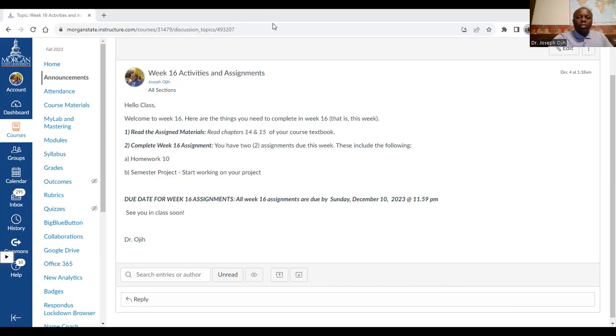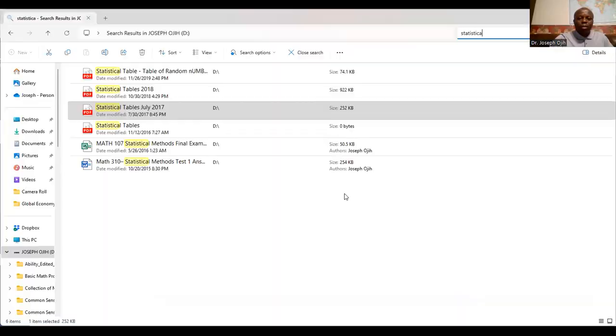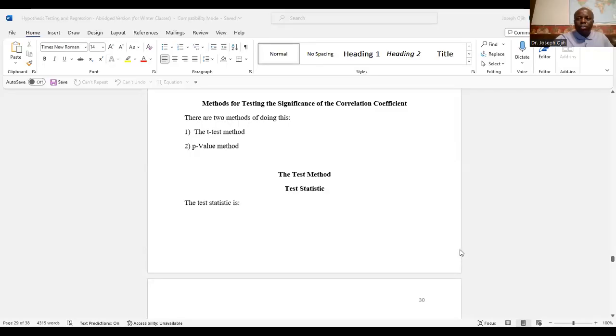We are still on regression and correlation. Like I mentioned before, last week I introduced you to that, and we did an example. Today we continue with it. See if we can finish the simple regression.